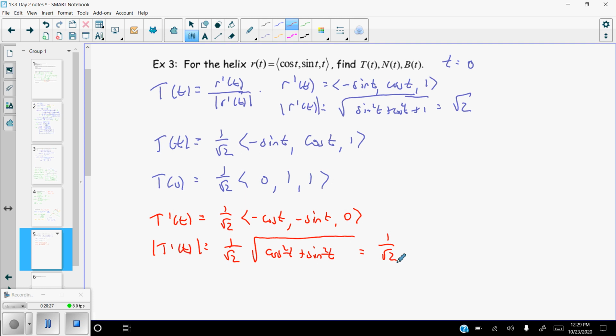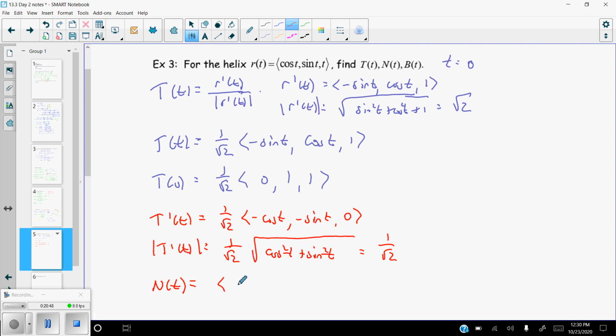So our unit normal vector is going to be the unit tangent vector prime divided by the magnitude, which is 1 over root 2. The 1 over root 2s are basically just going to cancel each other out, which is awesome.